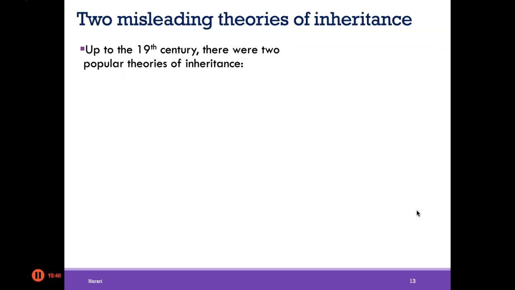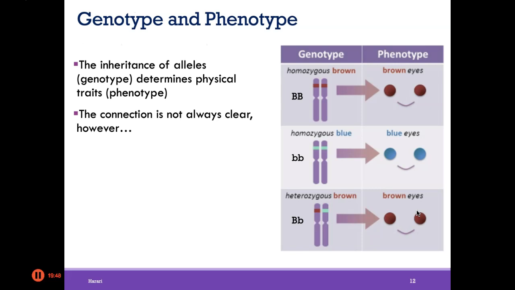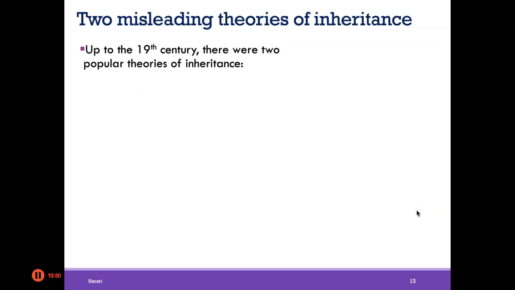So things like this, right, raise a lot of questions. And there were 2 very misleading theories of inheritance up until pretty recently. Now we understand a lot more, of course.